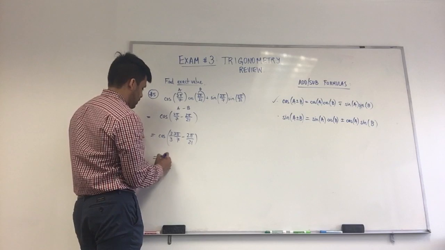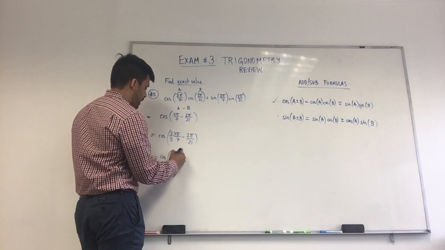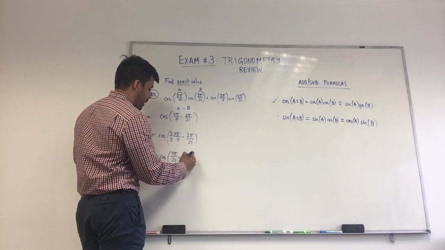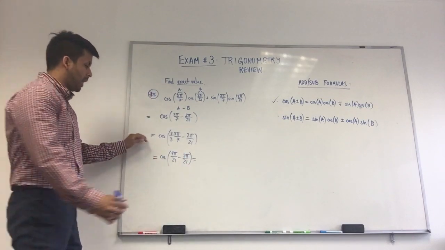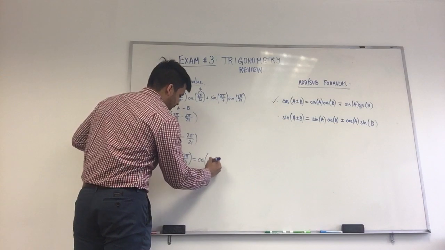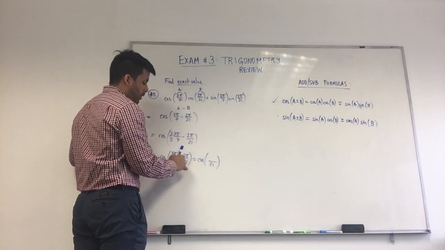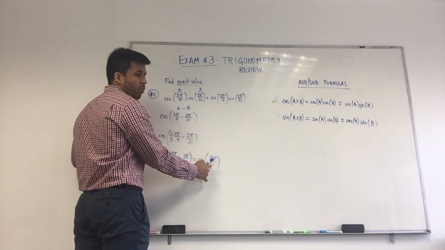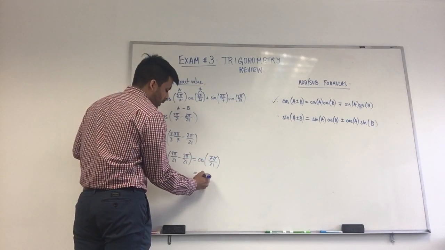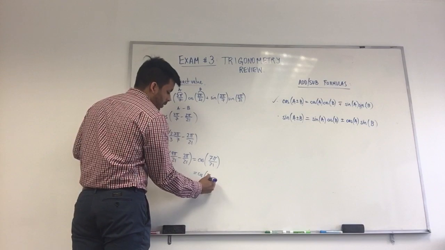And so this equals 9 pi over 21 minus 2 pi over 21. Now I have the same denominators, keep the denominator the same. Then I can combine the numerators, so 9 pi minus 2 pi is 7 pi. 7 goes into 21 3 times, so this reduces to cosine of pi over 3.